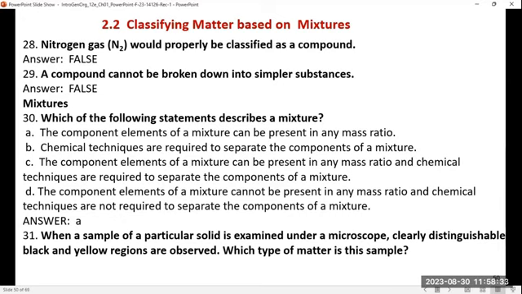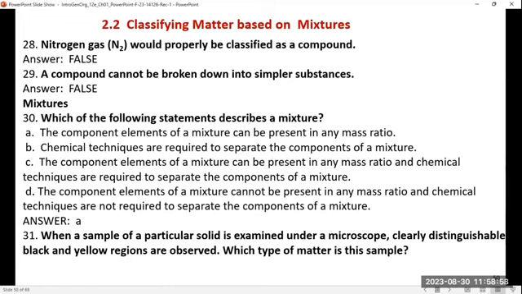Choice D says the components of a mixture cannot be present in any mass ratio and chemical techniques are required. Both are false statements. Therefore, D is totally false. So the only true statement is A.